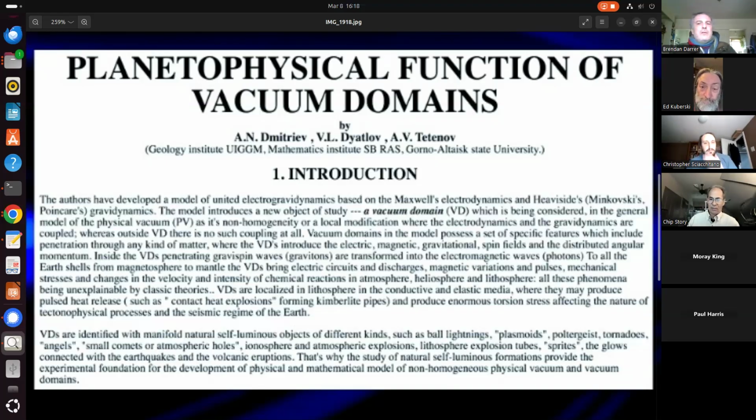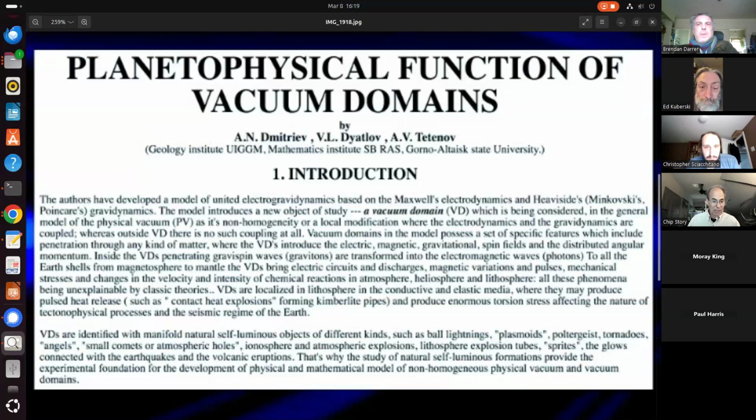Complete coupling across the primordial soup, the superforce, to all the Earth's shells, from magnetosphere to mantle. The vacuum domains bring electric circuits and discharges, magnetic variations and pulses, mechanical stresses and changes in the velocity and intensity of chemical reactions in the atmosphere, heliosphere, and lithosphere. All these phenomena are unexplainable by classic theories.